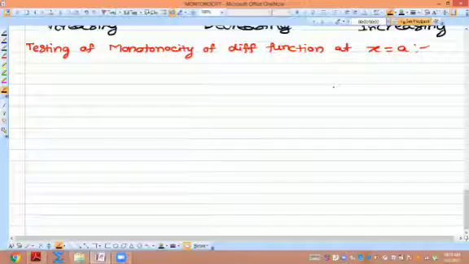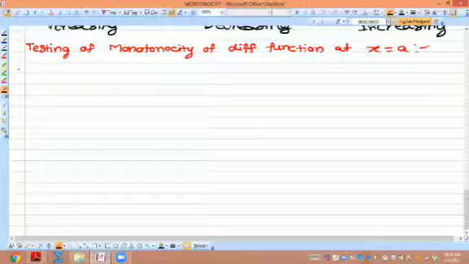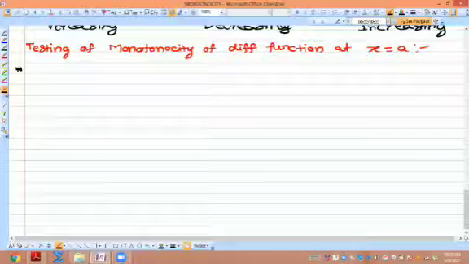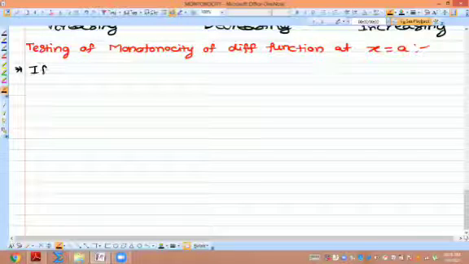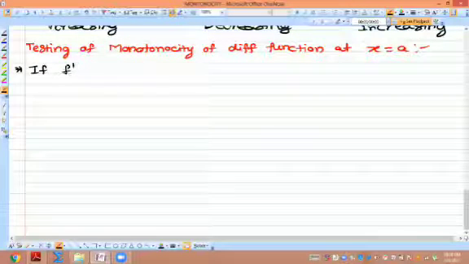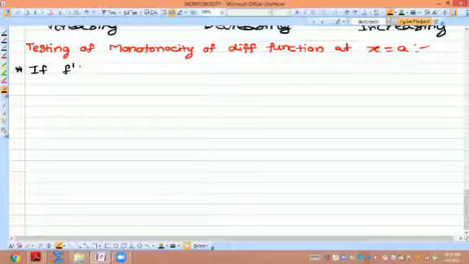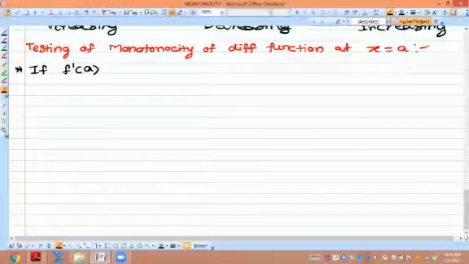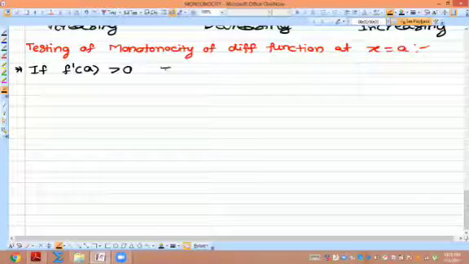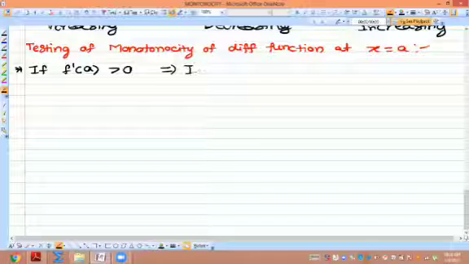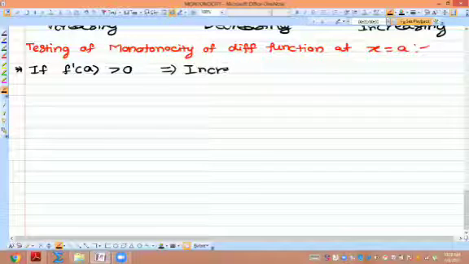f dash of x greater than 0, f dash of x less than 0, we used already. So this is nothing but, if f dash of a, why? Because we are discussing at a. If f dash of a is greater than 0, positive, that means the function is increasing.